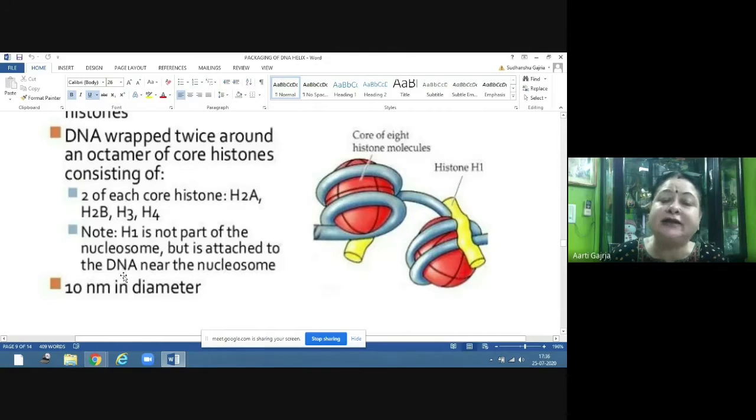It is attached to the DNA near the nucleosome. This is a histone protein only, but it is not part of the nucleosome. Nucleosome consists of 8 histones, this octamer, and the DNA is wrapped around it twice.